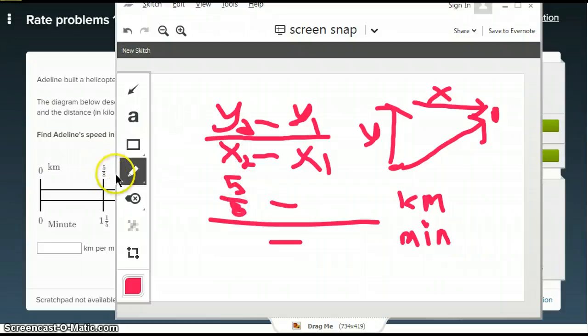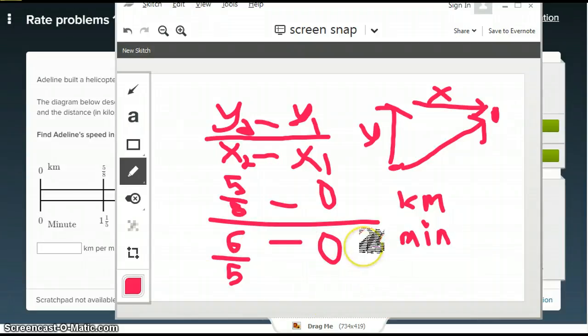That's y2. It's the second point minus the first point, which is 0. This works because we know she's flying at a constant speed. And the other one is 1 1/5, which is the same thing as 6/5 minus 0 minutes.